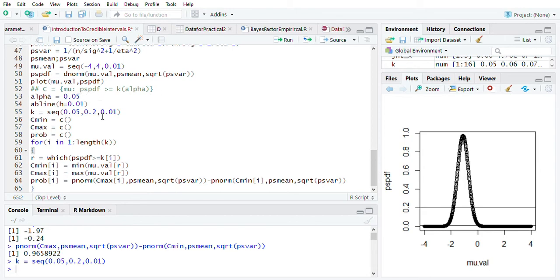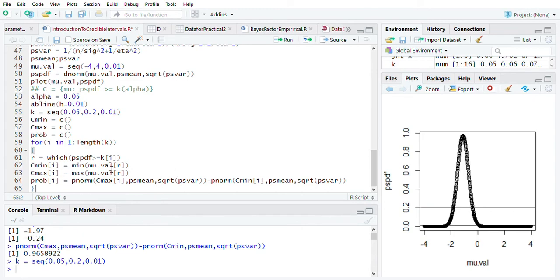We compare the posterior distribution's values with the constant, and then we find all those values where the posterior distribution is at least as large as the constant K. Then we identify the values of mu corresponding to this set. Then we take the minimum and the maximum of that set.